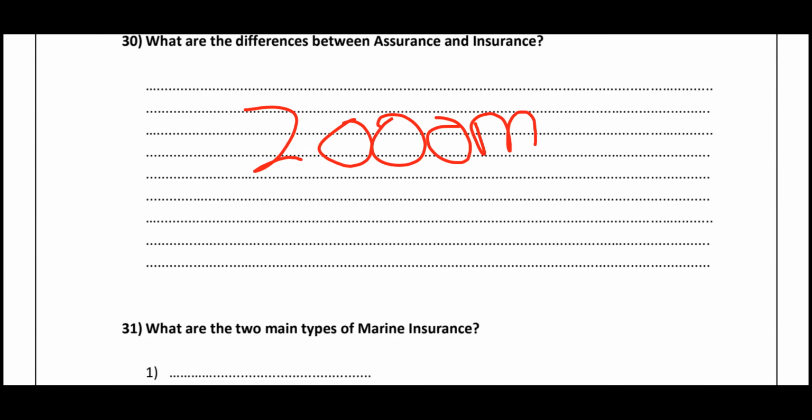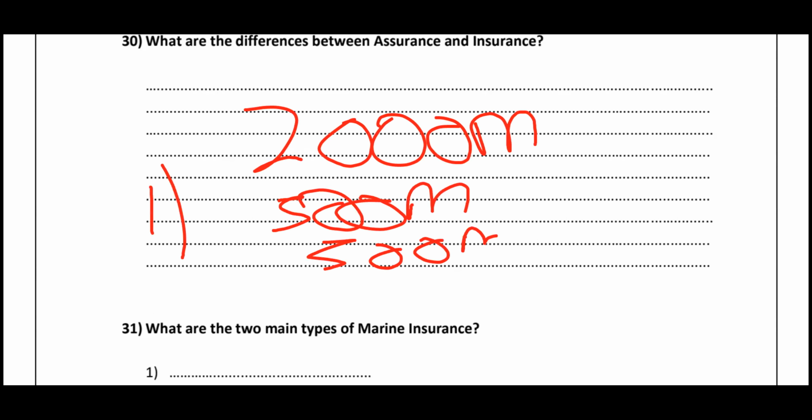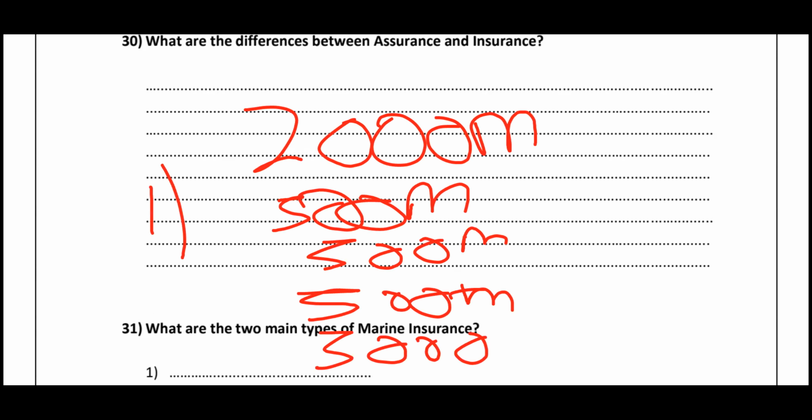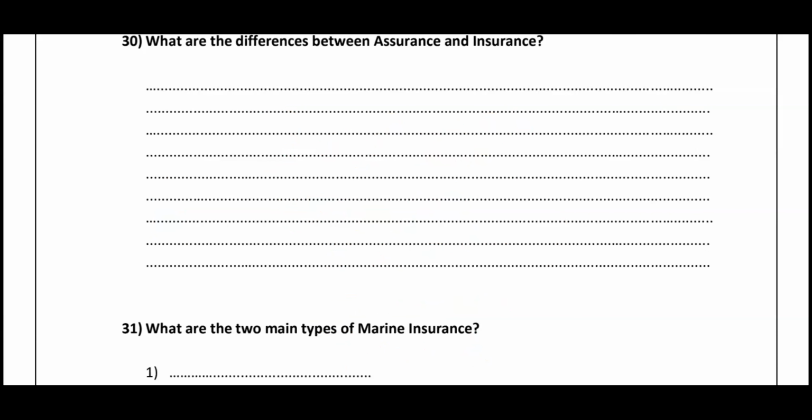Let's say there are four insurance companies: company 1 will accept 500 million, company 2 500, company 3 500, company 4 also 500, together making 2000. So they have shared the value, because one can't accept the total. 2000 million is too much money, so they have jointly taken it. Many insurance firms accept it, and then they issue a joint policy together. That is underwriting in insurance. Are you clear now?